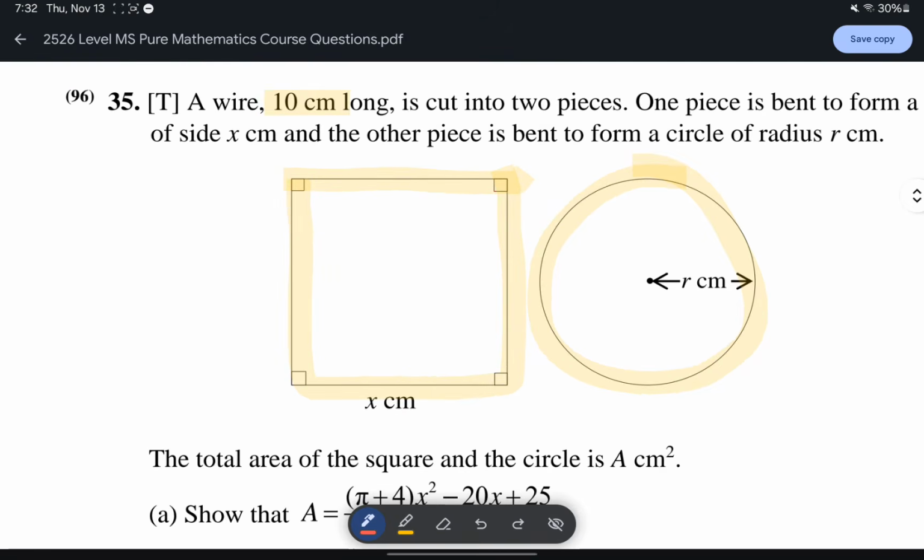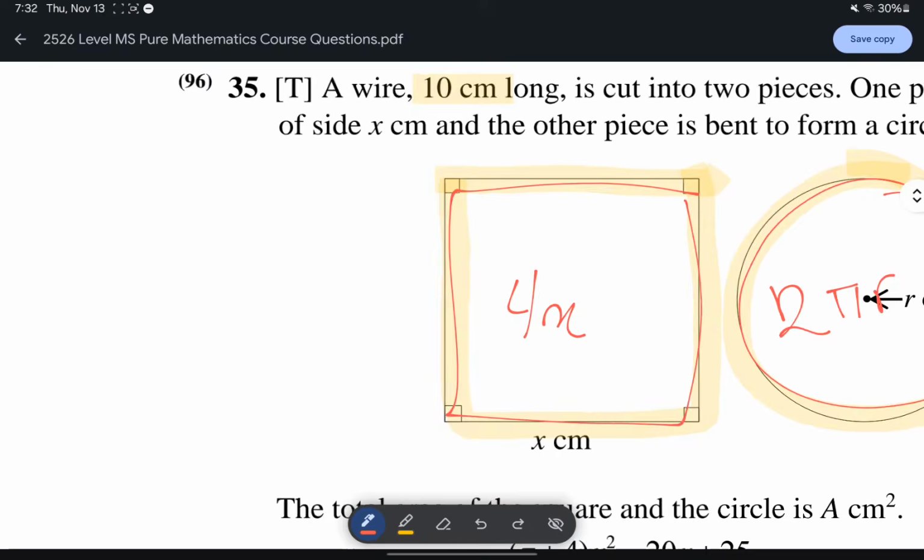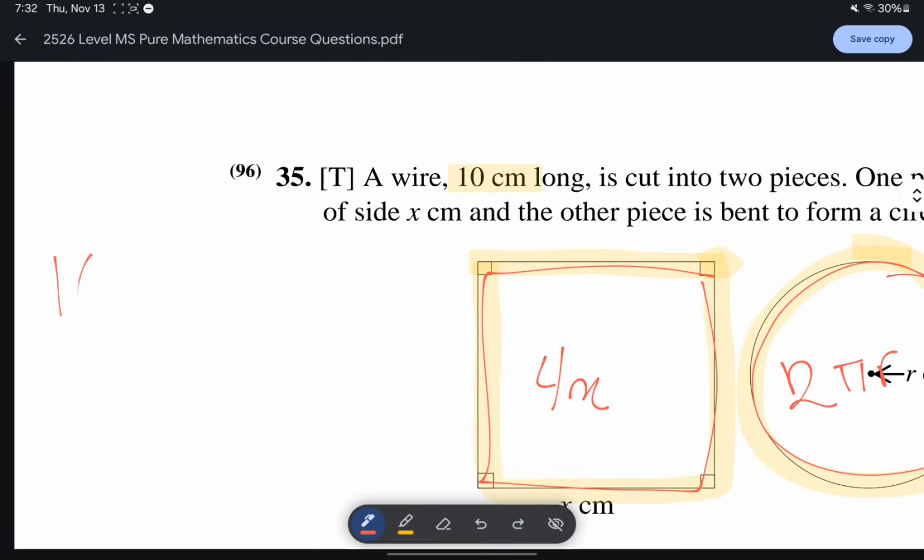The perimeter of the square is side plus side plus side plus side, so it's 4x. And the circumference of the circle is 2 pi r. So we have 10 equals 2 pi r plus 4x.